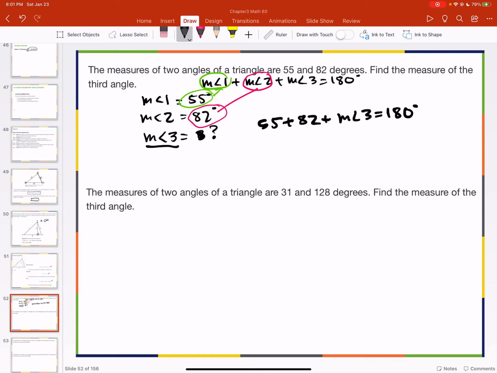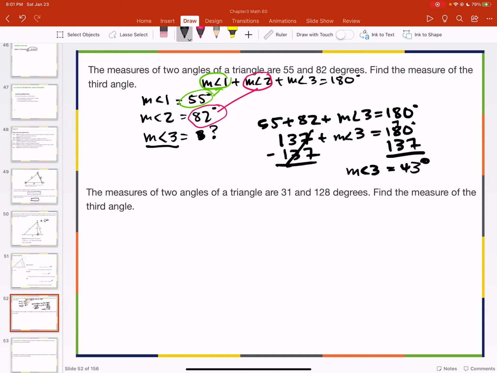Adding like terms, we combine these two to become 137 plus measure of angle 3 equals 180 degrees. Subtract the constant from both sides, and we get the measure of angle 3 is equal to 180 minus 137, which is 43 degrees.